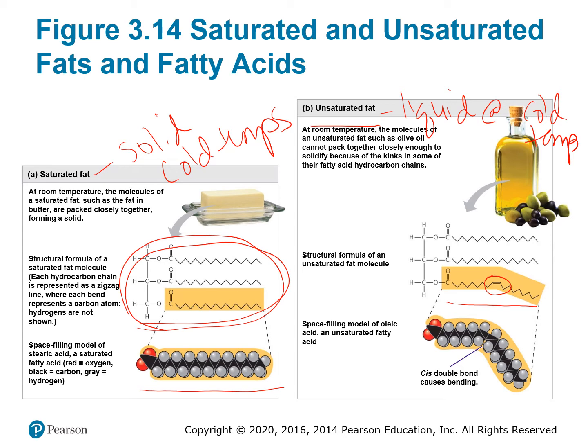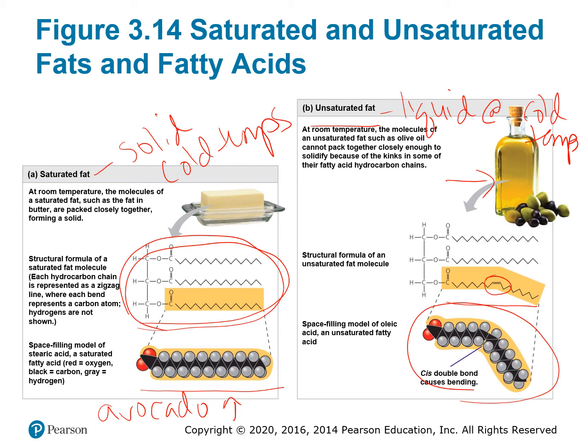But organisms like plants that have to live in cold environments and don't maintain their own body temperature, or organisms like fish that swim in cold waters, are going to have more unsaturated fats to keep their fats liquid at colder temperatures. So plant oils are unsaturated, fish oils are unsaturated, especially cold water fish, whereas a few plant oils like tropical oils like avocado oils can be more saturated.